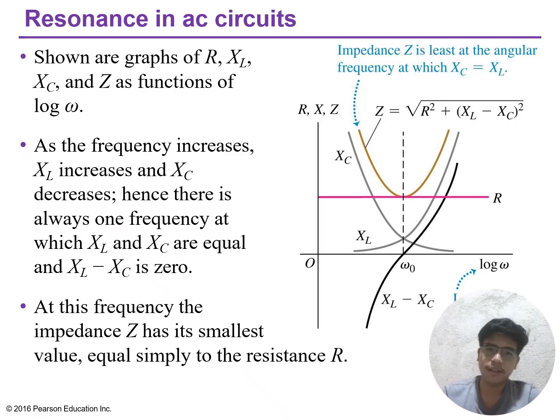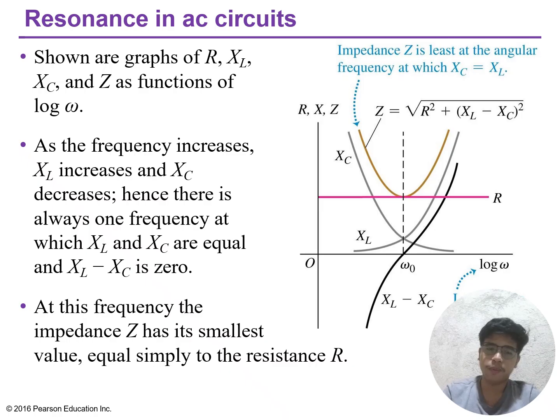At resonance, phase angle phi is equal to 0 degrees, power factor cosine phi is equal to 1, and the circuit behaves like a pure resistor. This resonance phenomenon enables radio tuning, signal filtering, and efficient power transfer.